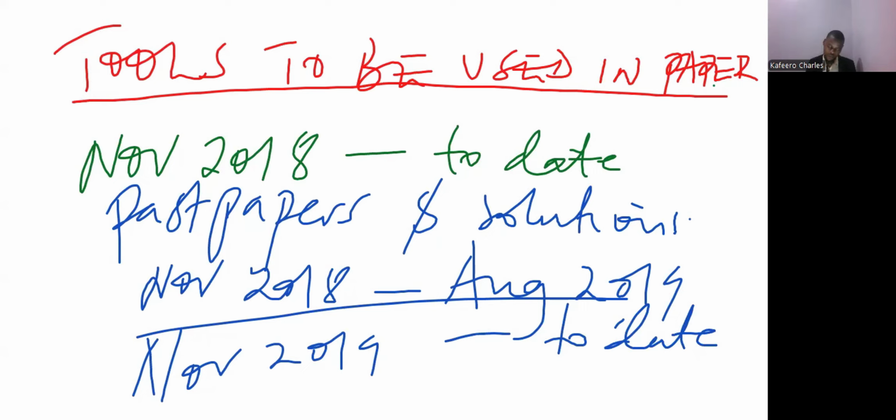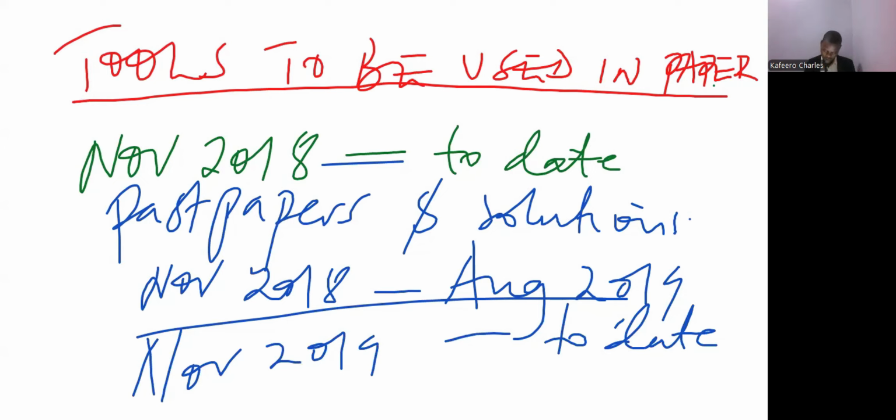The reason we are picking some more past papers from the previous examiner is to see how this person was setting these aspects. If you compare and contrast, you'll see some small differences in how the old examiner used to examine the paper and how the new examiner is doing it.